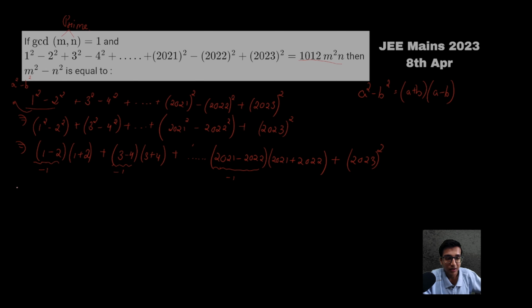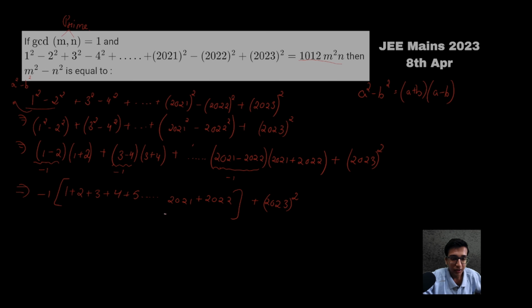So we can take that out common, and then what would we be left with? 1 plus 2 plus 3 plus 4 plus 5 plus up till 2021 plus 2022. Again 2023 remains as it is. Now we see that this is an AP, summation of series of an AP.